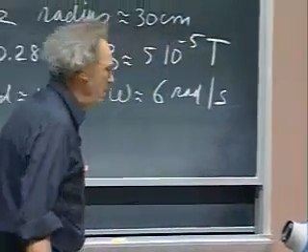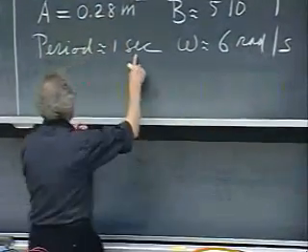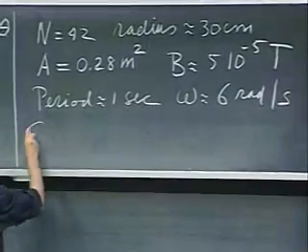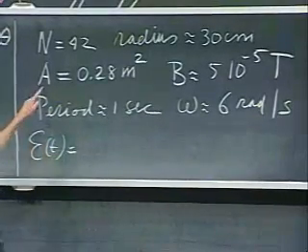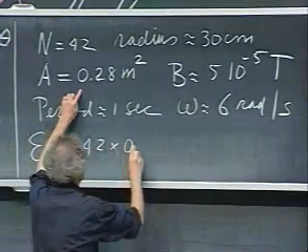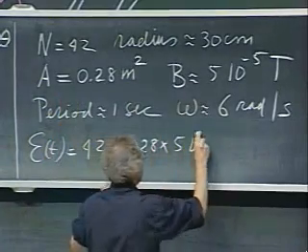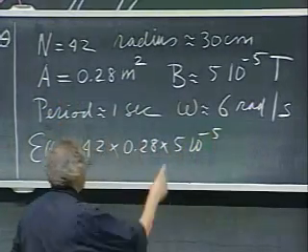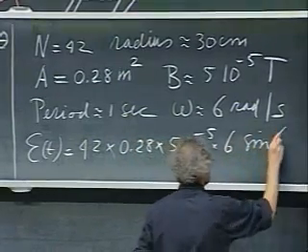And so what is the EMF that I'm going to get when I rotate it once around per second? Well, the EMF will change as a function of time. We're going to get 42, that's N. We're going to get A, that is 0.28. We're going to get B, that is 5 times 10 to the minus 5. And then we're going to get omega, that is 6. And then we get this sine of 6t.